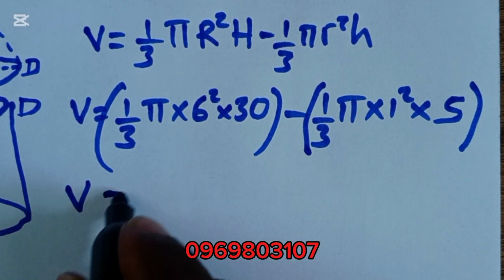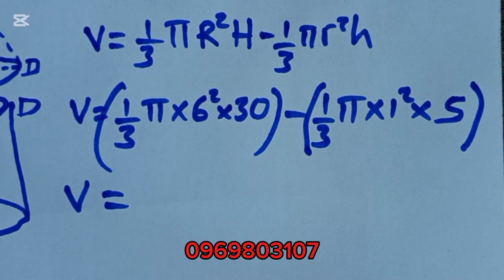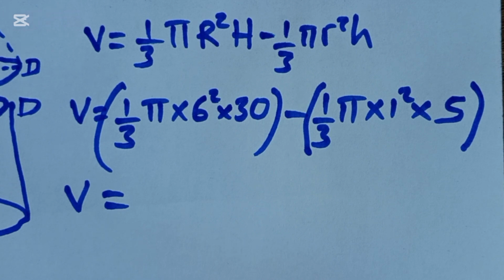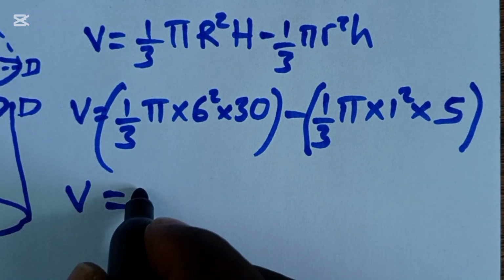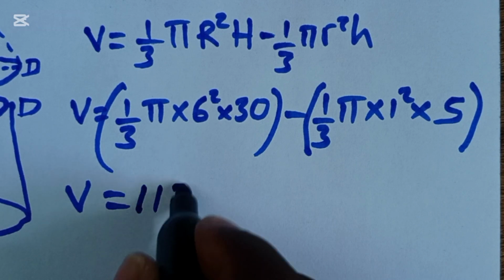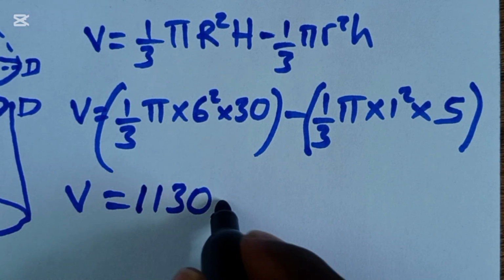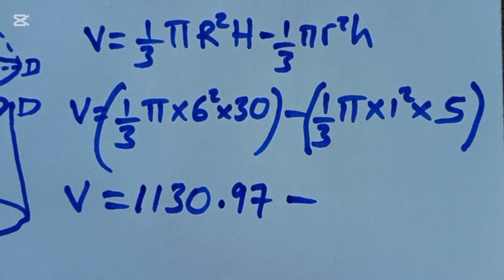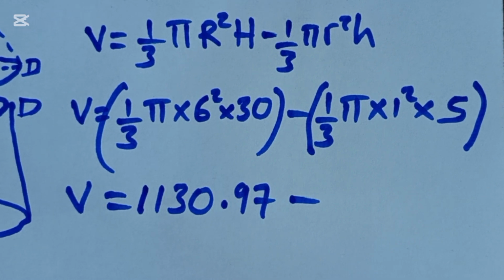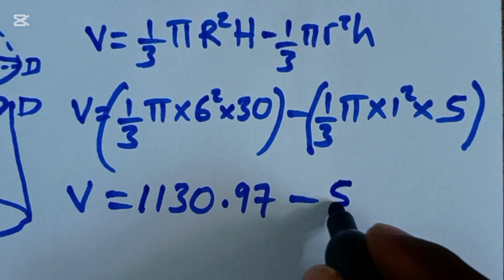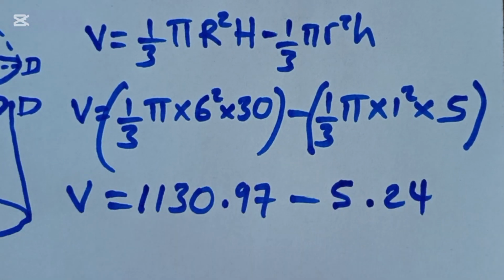So volume is equal to 1 over 3 times pi times 6 squared times 30. The answer is 1130.97 minus 1 over 3 times pi times 1 squared times 5. The answer is 5.24.